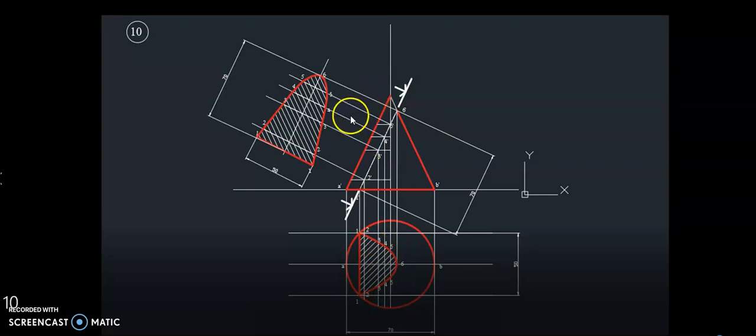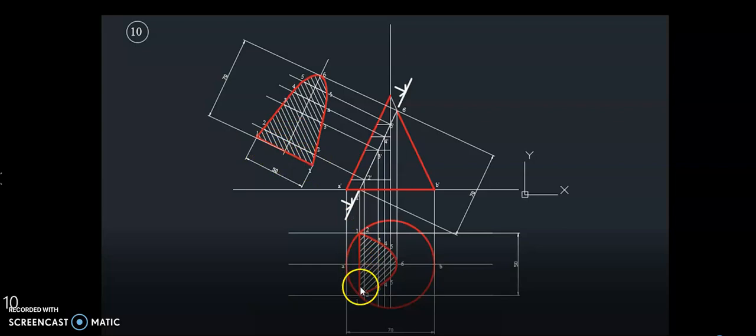Now we have to draw the true shape. Actually from the top view we can understand that this section is symmetric about this axis. So parallel to this cutting plane you draw the axis of the parabola. The newly generated section has a parabolic shape, and the maximum double ordinate is 50 mm.